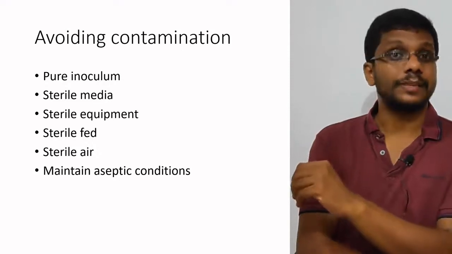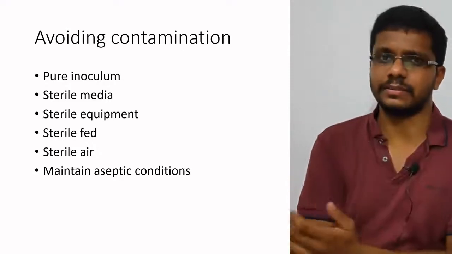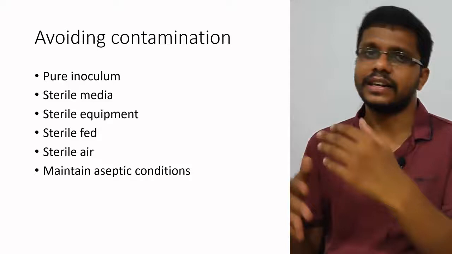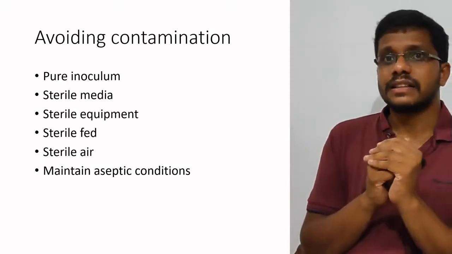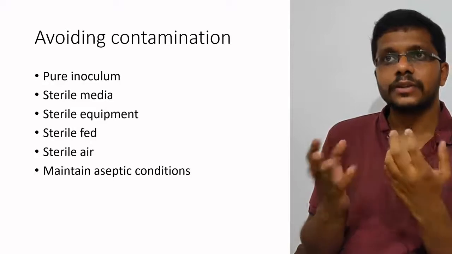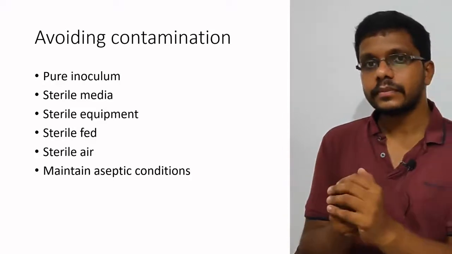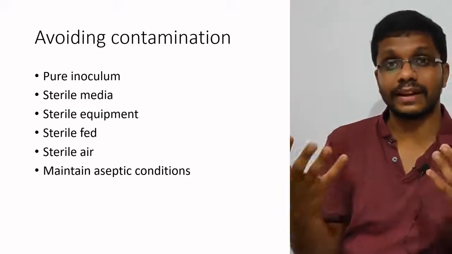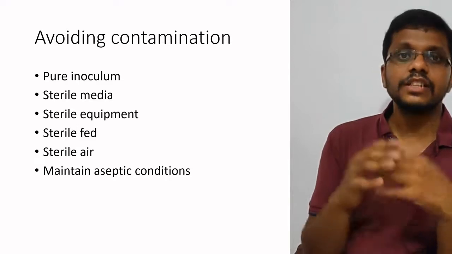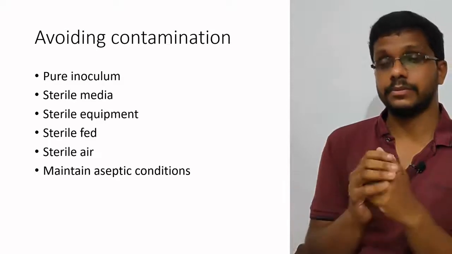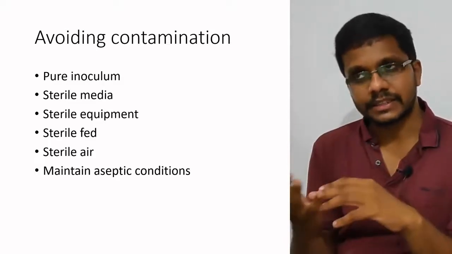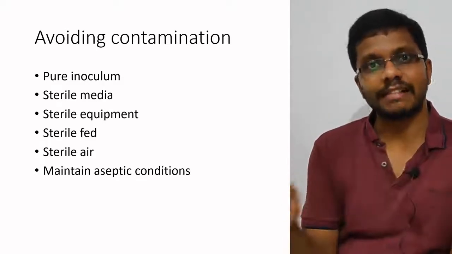The media components should be sterilized. You know how to sterilize something. You can put it in the autoclave, and after 50 minutes at 121 degrees Celsius, it is sterile. But in industry, we are using huge volumes, maybe 10,000 liters or 1 lakh liters. Sterilizing this much volume of media is very expensive, and some fermentations do not need pure sterile conditions.